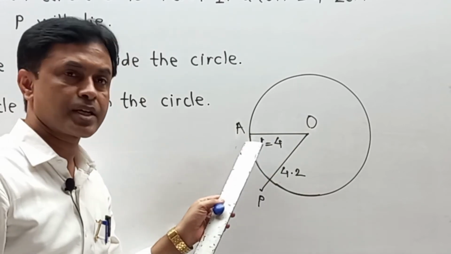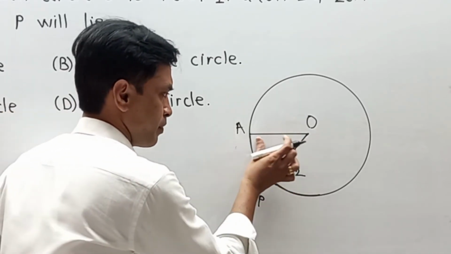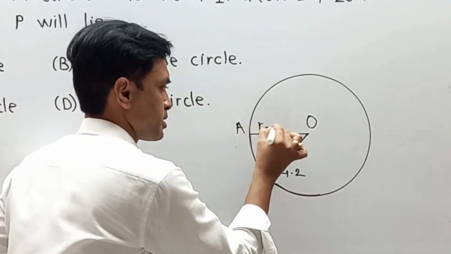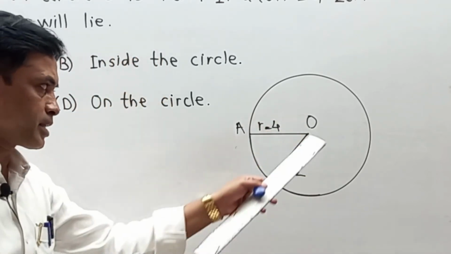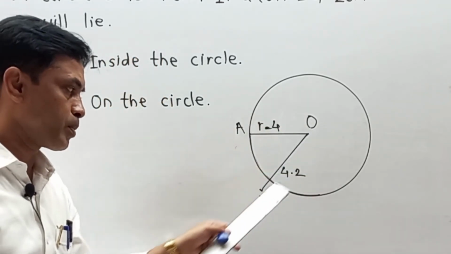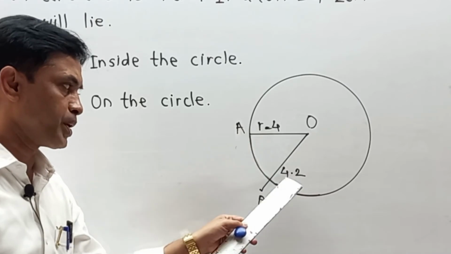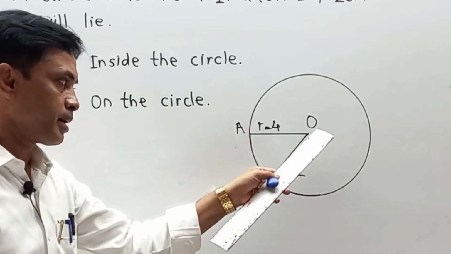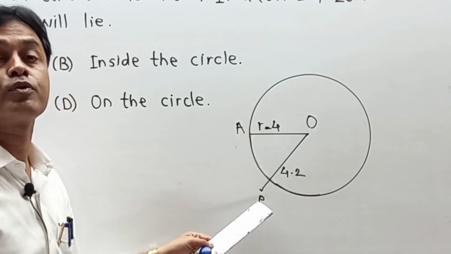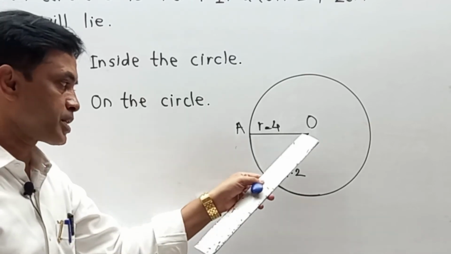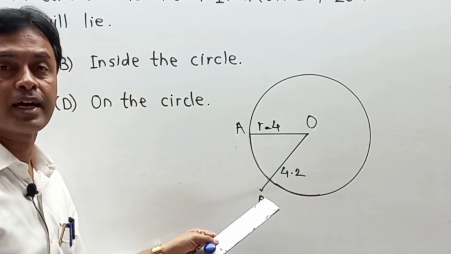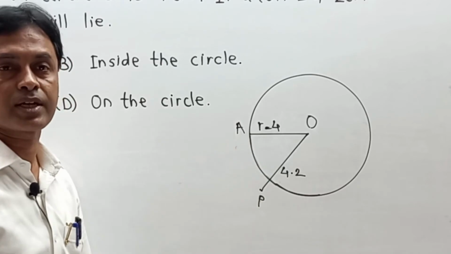Definitely, the radius of the circle is 4 centimeter, that is OA, and the distance from O to P is 4.2 centimeter, means definitely point P will be outside the circle, because this distance is greater than the radius of the circle.